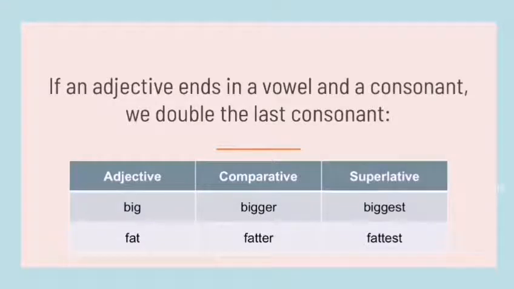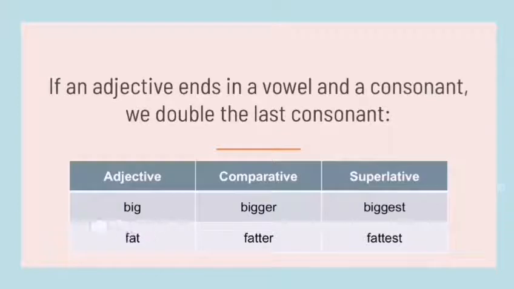The third rule says, if an adjective ends in a vowel and a consonant, we double the last consonant. Here we have a pattern that you should be very careful with: consonant, vowel, consonant. As the rule says, you should repeat the last consonant.